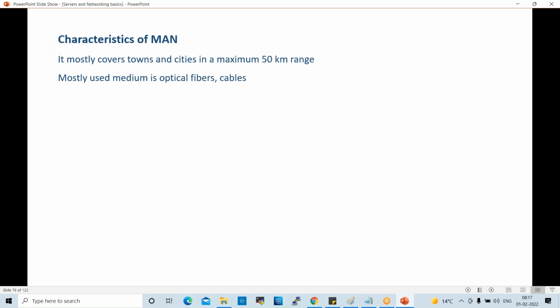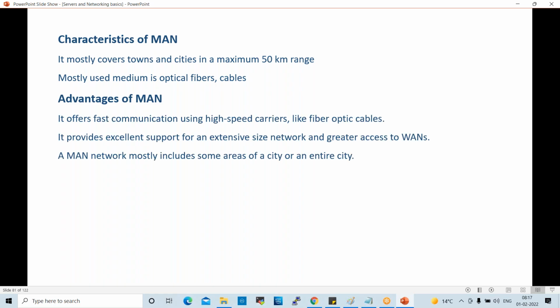Characteristics of MAN. It mostly covers towns and cities in a maximum 50-kilometer range. The mostly used medium is optical fiber cables, a bit costlier. Advantage of MAN: it offers fast communication using high-speed carriers like fiber optic cables.